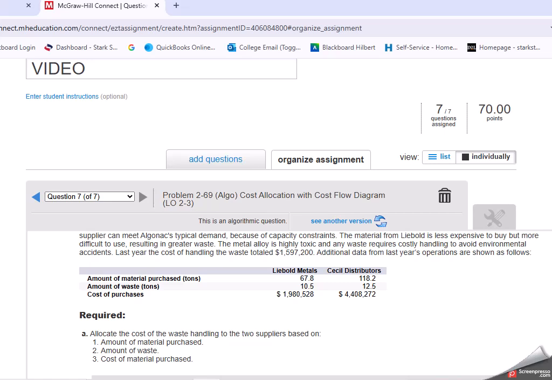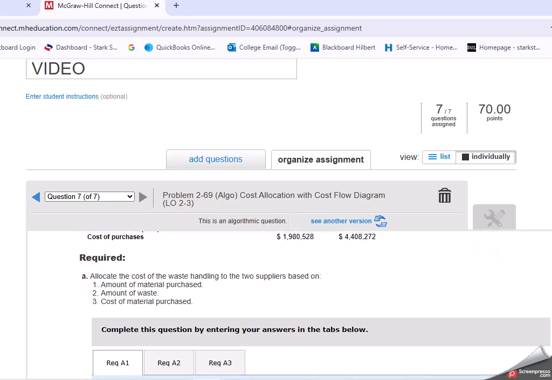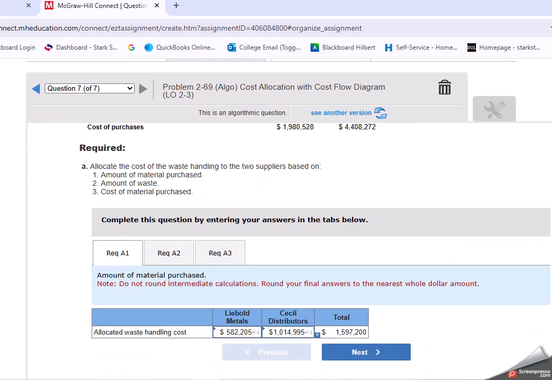So 67.8 divided by 186 gives us 36.02%. So if we multiply that by 1,597,200, we would allocate 575.